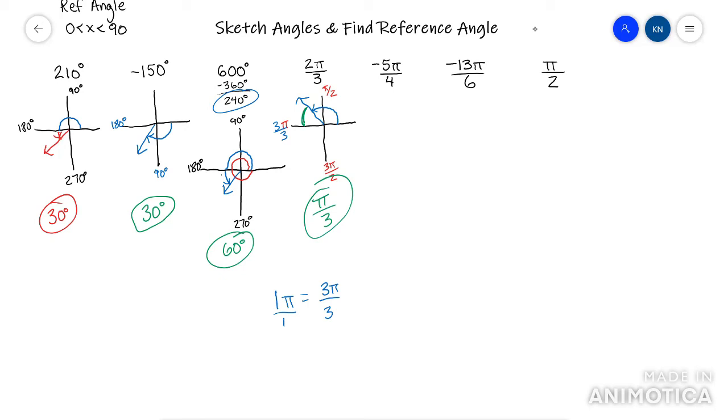All right, let's look at this next one. Negative 5 pi over 4. You're going to start at the same location. You need to realize that this right here would be 4 pi over 4. It's just 1 pi. I'm just scaling it, kind of like I did right here. You're rotating clockwise because it's a negative angle. So I go just past 4 pi over 4 and end up right here in quadrant 2.